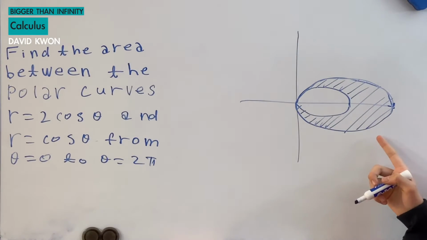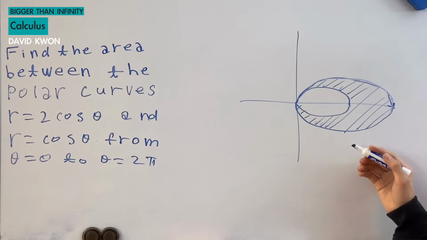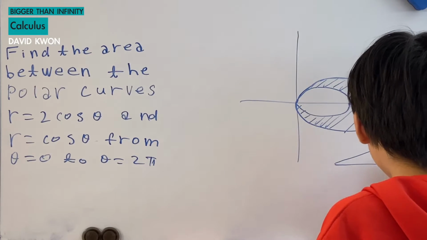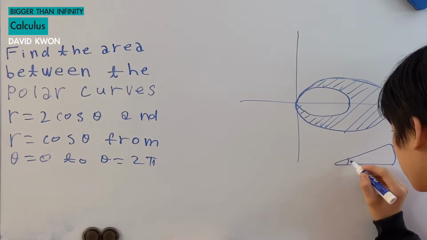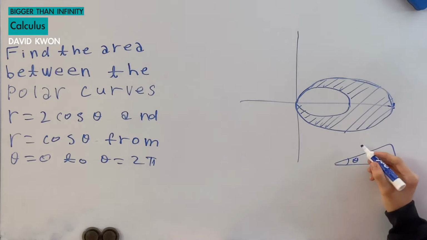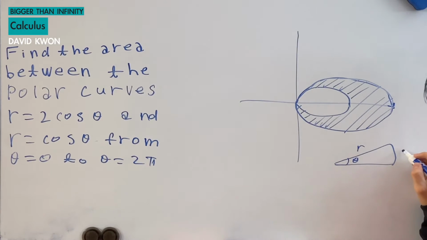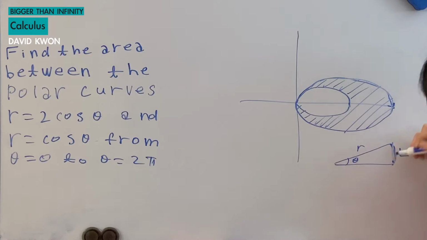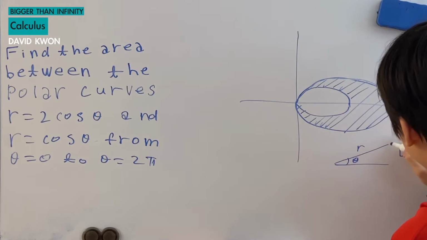To solve this area, we need to be familiar with this triangle. Let's call this angle theta, this is r, and this is the length. We approximate this curvy length as a straight line.